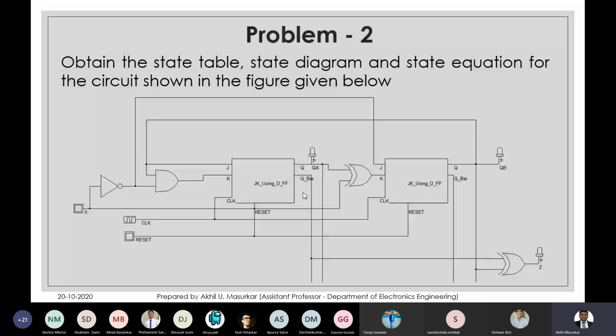So this is our second problem, which again says: obtain the state table, state diagram, and state equation for the circuit shown below.